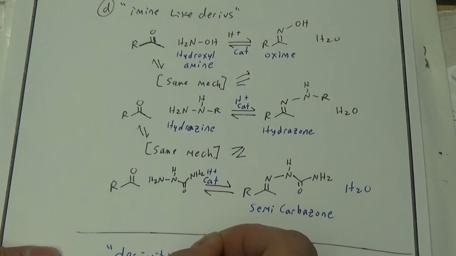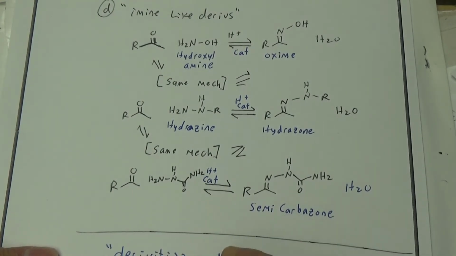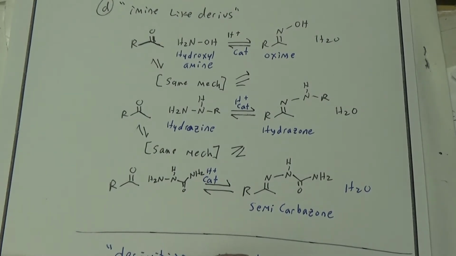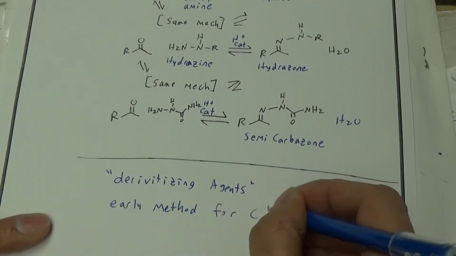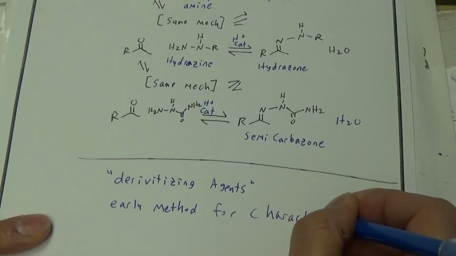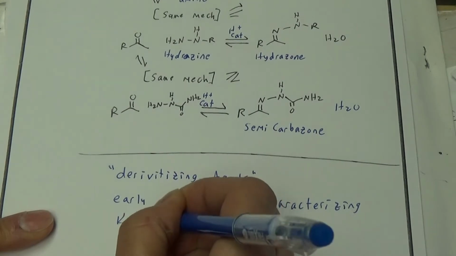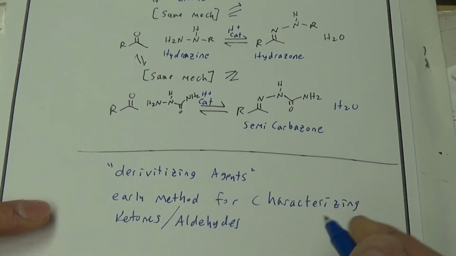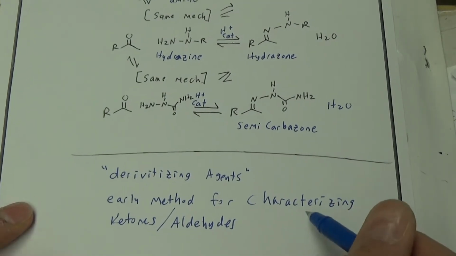It's an early method for characterizing ketones and aldehydes. What do we mean by characterizing? Characterizing kind of means, for analysis, we're trying to figure out the chemical structure of it.